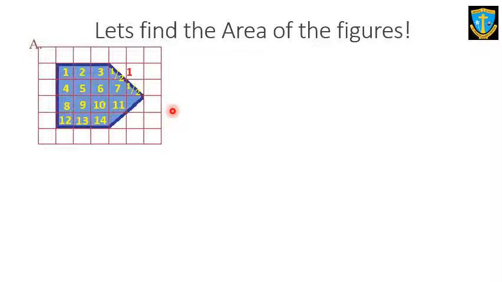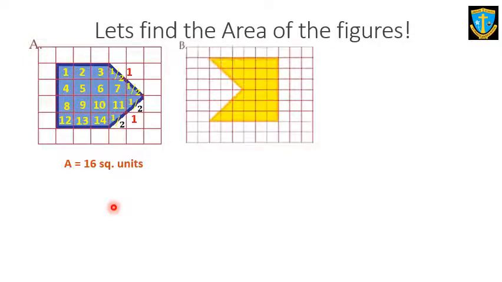So 14 plus 1 is 15, and these two halves we count as 1. Half plus half makes 1, correct? So 14 plus 1, 15, plus 1, 16. So the area A, area is denoted by capital A, is equal to 16 square units.